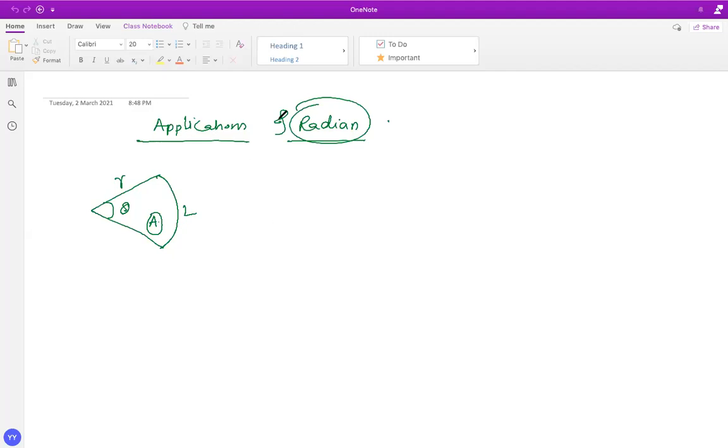The formula in degree units, for the length of the arc L, is the theta over 360 fraction times 2 pi r, because the total is 2 pi r, and a theta fraction of it is allotted to this part, which is L.